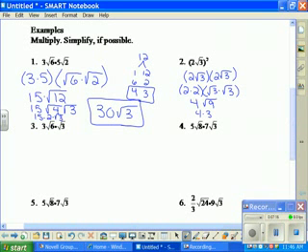Jonica, what am I going to do with those two numbers? I went from the square root of 9 to 3. Now what am I going to do with these two numbers? Multiply them. What am I going to get? That is your answer. Nice job.